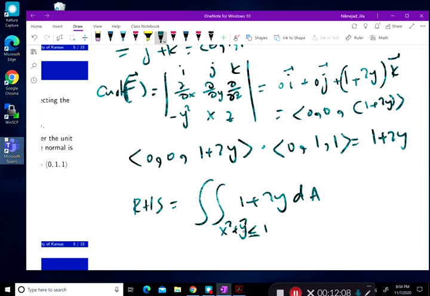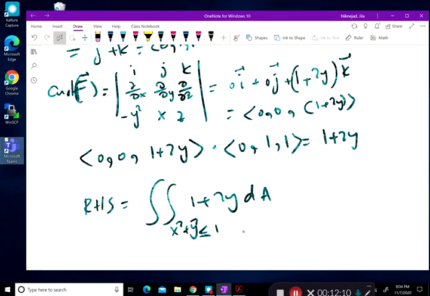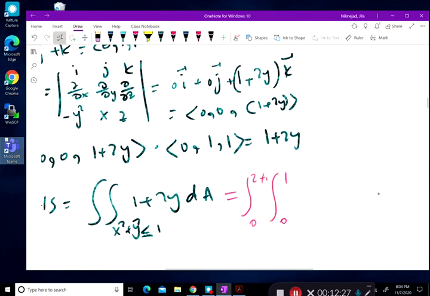Now, I do not like x squared plus y squared less than or equal to 1 in general. I like to switch to r and theta, because it's a disk of radius 1.